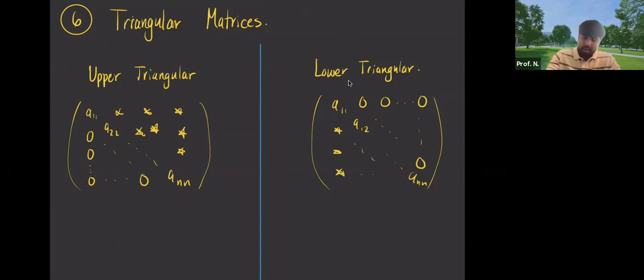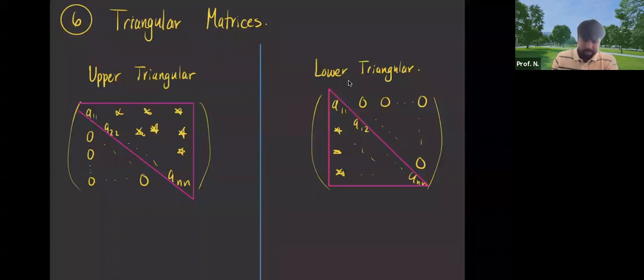So it looks like you have a triangular region within the matrix above that is non-zero, and then you have a triangular region below that is non-zero. So these are the upper and lower triangular matrices.